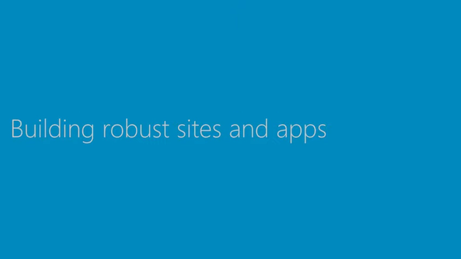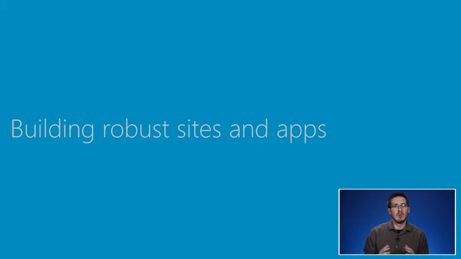Now that we've talked about the changes we're making in IE 11 to help more content just work better, I want to move on to talk about how you, as a developer, can actually take control of the compatibility of your own sites and build robust sites and apps that can stand the test of time.